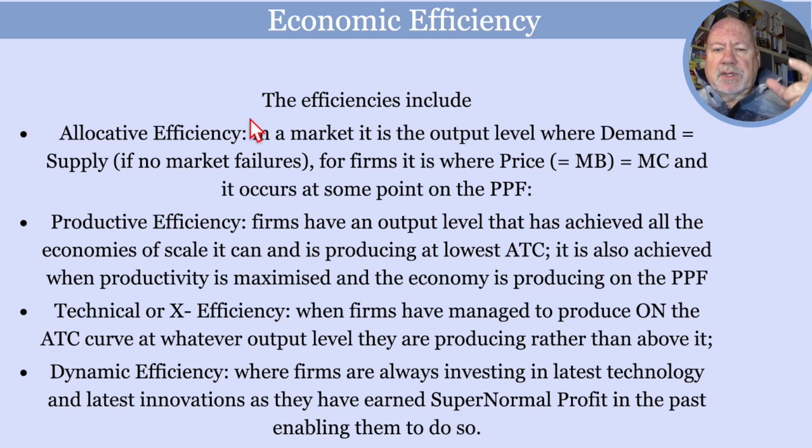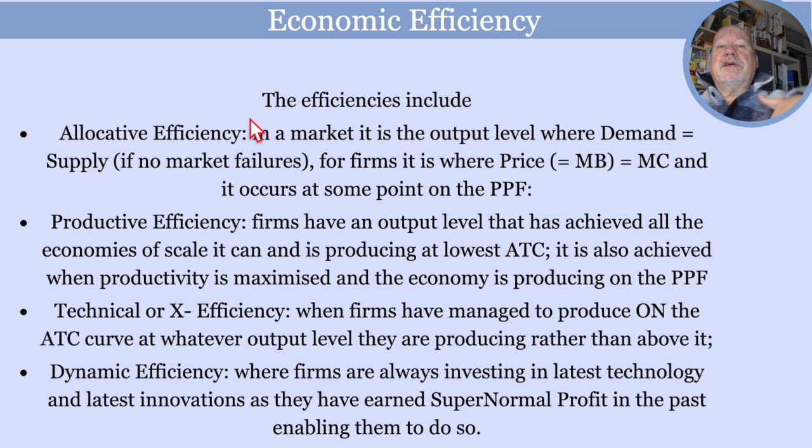So the difference between those two: productively efficient, you have reached the level of output where you are on the lowest point of the ATC. Technical or X inefficiency, at any level of output you are producing, you have employed your labour and capital in the right quantities so that you are producing at the lowest possible cost for that particular level of output. Okay, so there's a slight difference between those two.